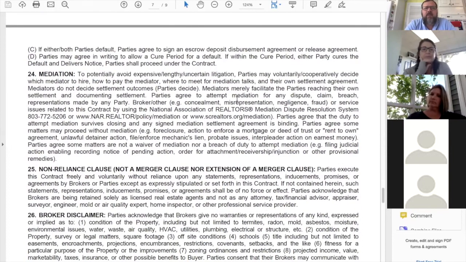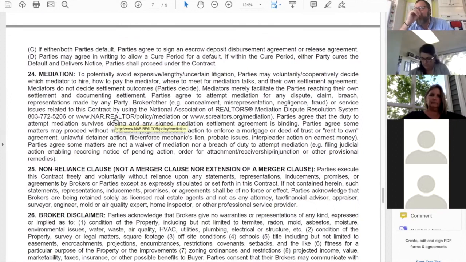Mediation. So the contract says to avoid expensive, lengthy, uncertain litigation, the buyers may voluntarily cooperatively decide which mediator to hire, how to pay the mediator, that sort of thing. For any dispute, the National Association of Realtors has a mediation policy or procedure they go through.